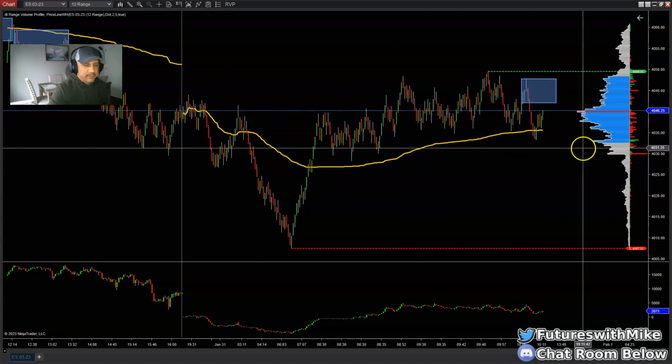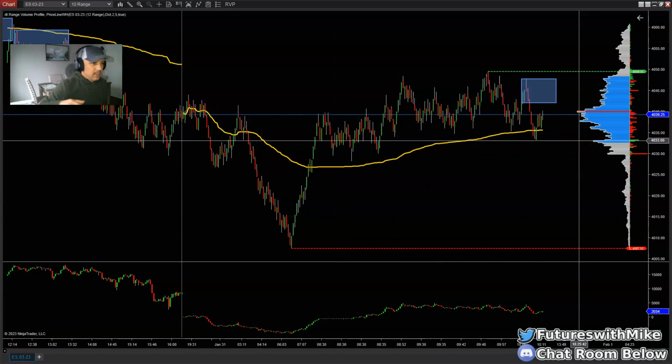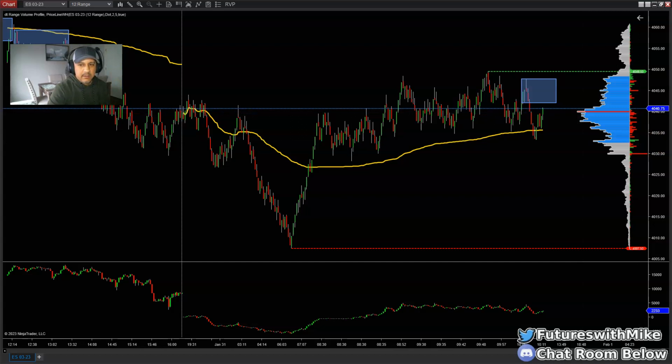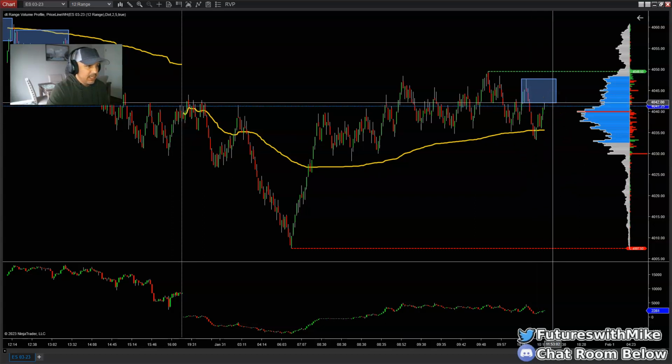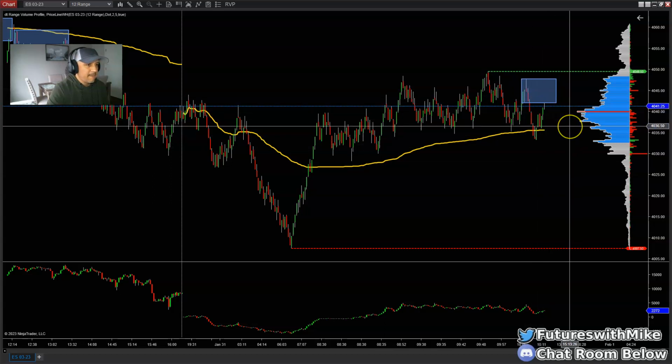But the market is moving. It's a little volatile right now, so I'm going to be very cautious. Yeah, it's pumping. Okay, it just barely tapped into the zone, hit the blue box right here.